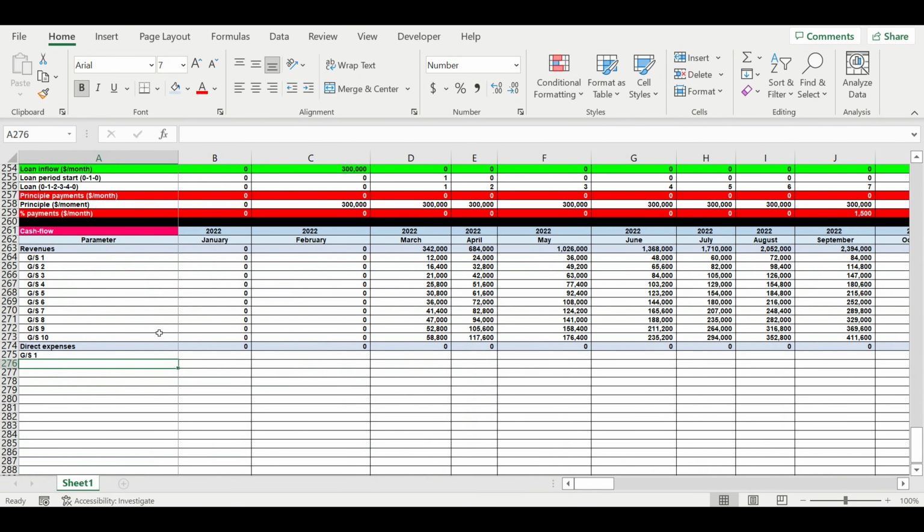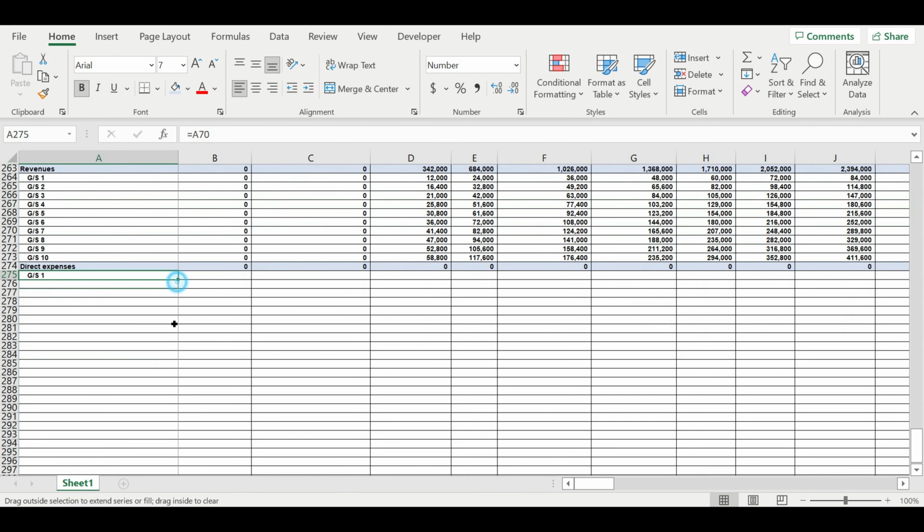So these are cost of sales. Now we are creating totals and extrapolating this story to the right.